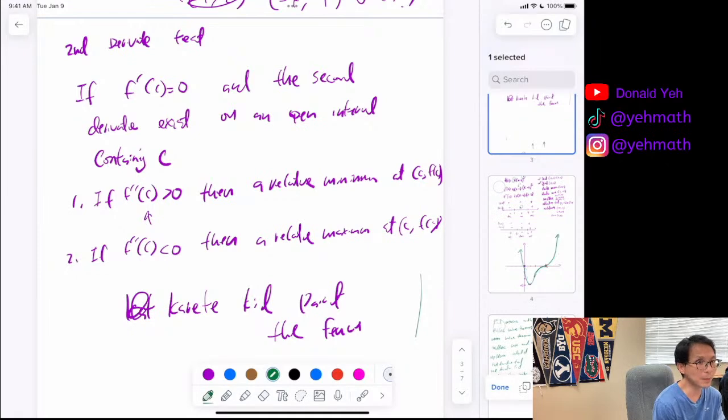If f double prime of c is greater than 0, which means concave up, then at that particular c, it has to be a relative min. You can memorize that with the very easy Karate Kid gesture, right? And if f double prime of c is less than 0, which is concave down, then that particular point has to be a relative max.